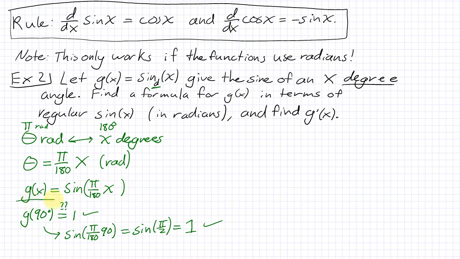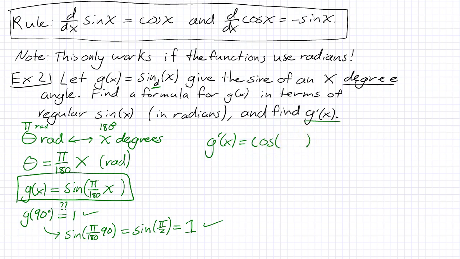So now that we have that, let's find the derivative of it. To find its derivative, I'm going to use the chain rule here, which we need because there's an outer function sine of x and an inner function, the radian conversion function there. So let's write it like this. First, the derivative of that outer function: the derivative of sine is regular old cosine.